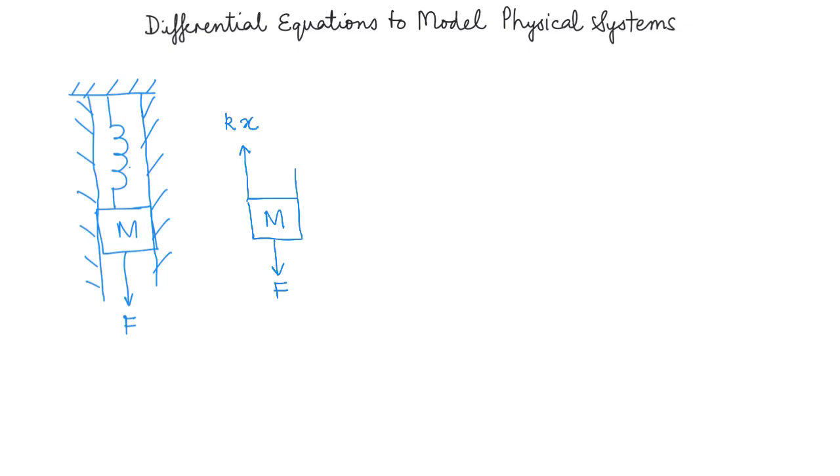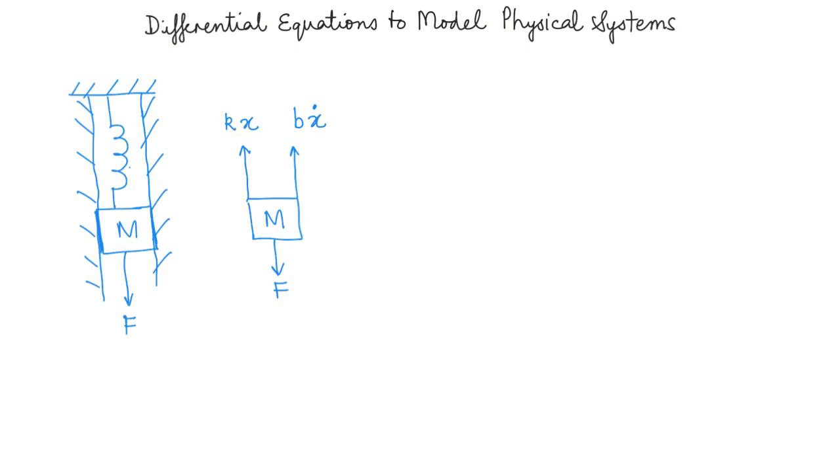Also, because the mass is touching the wall on both sides, there is a frictional force being applied. Let's assume that the frictional constant is b, and the friction will be proportional to the velocity. So I'm writing it as b x dot, where x dot denotes the first derivative of x.